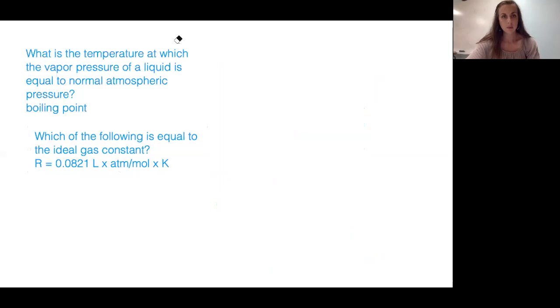Okay, mole fraction. We have to refresh our memories on the formula for that. So mole fraction, remember, was represented as X, I believe. Let me find it in your book.